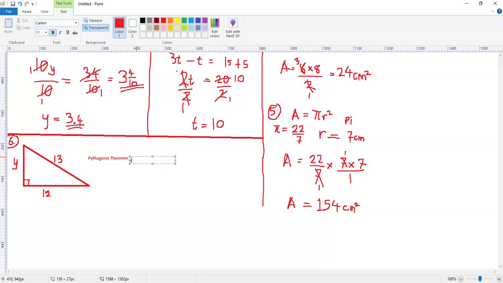So the Pythagoras theorem is a theorem that states a fact about every right angle triangle.